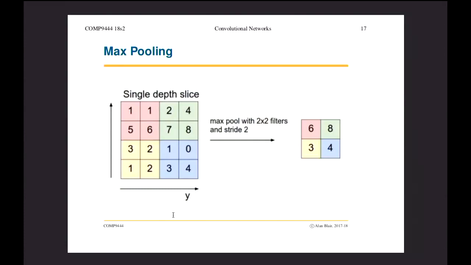So it always gives a non-negative value, and we're picking the maximum of those values. If we had an activation function like tanh, which can take on positive and negative values, then we might want to take the maximum absolute value rather than the actual maximum. But let's just think about this in terms of ReLU. So we're just picking out the maximum value.